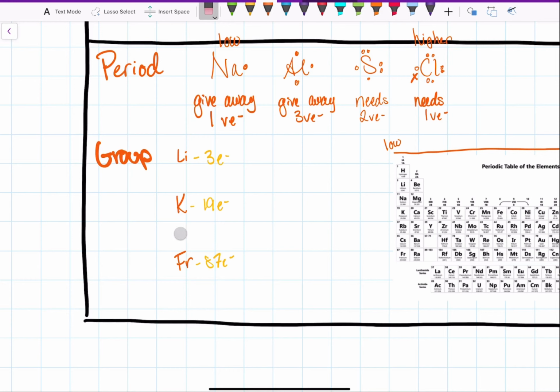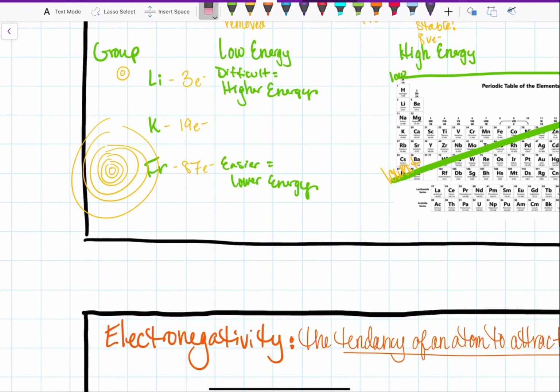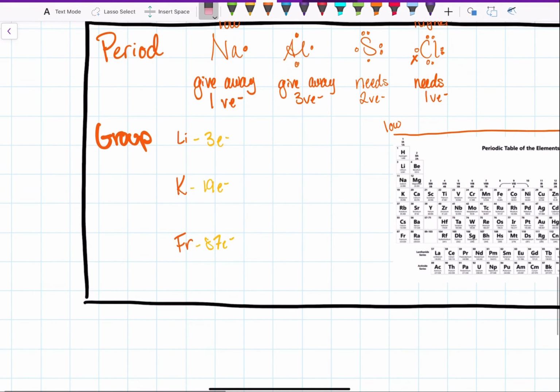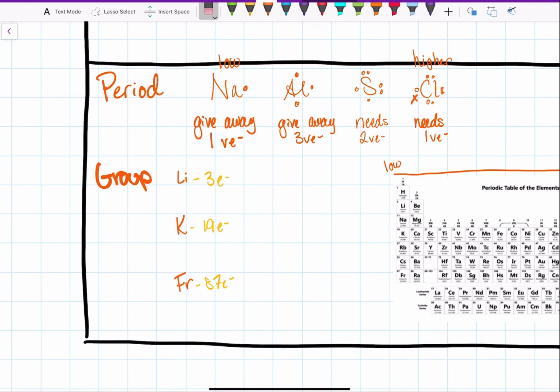So francium down here, just as we said up here, it has a ton of energy levels already. It has a lot of electrons. So if it attracts 1 more, francium's kind of like, so what? I already have 87. What's 1 more? It's fine. But lithium, on the other hand, if lithium got another electron, it would be like, okay, that actually makes a difference because it only has 3.